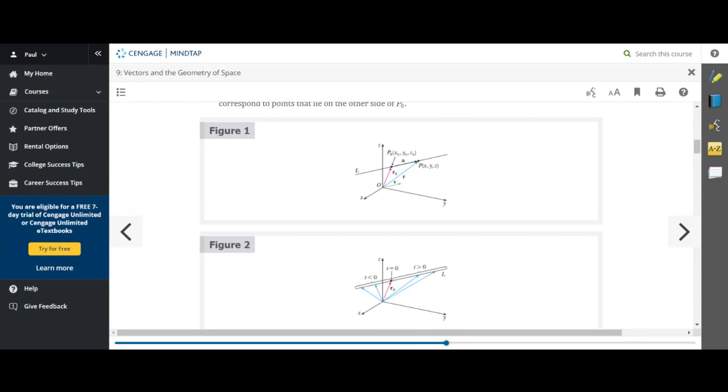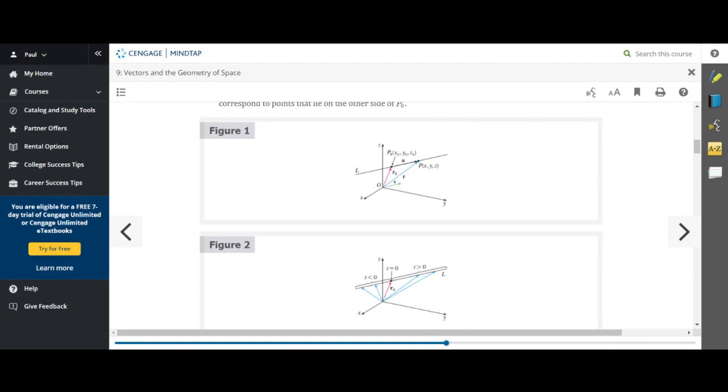Now, P sub 0 is a specific point in space. So if we say that the line must pass through a point and it must go in a certain direction, which is equivalent to saying it's parallel to a vector, then that definitely uniquely determines the line.